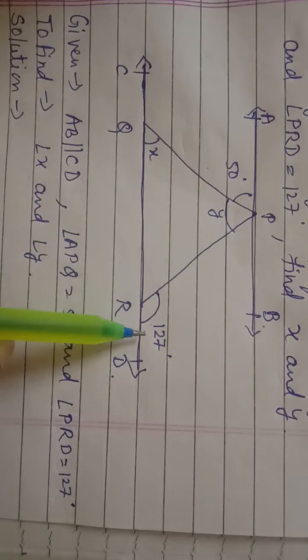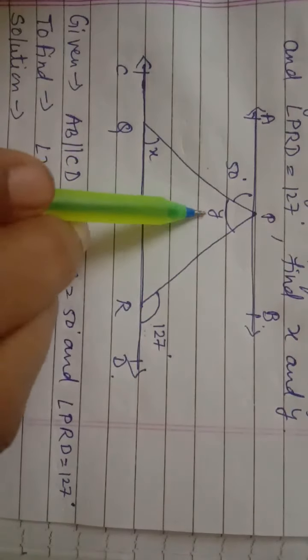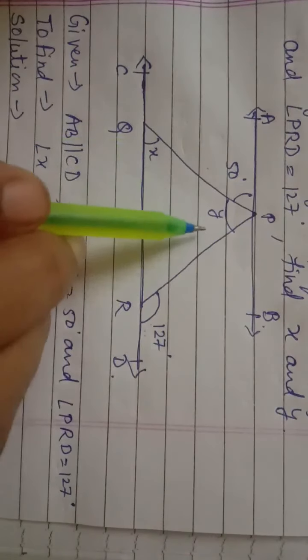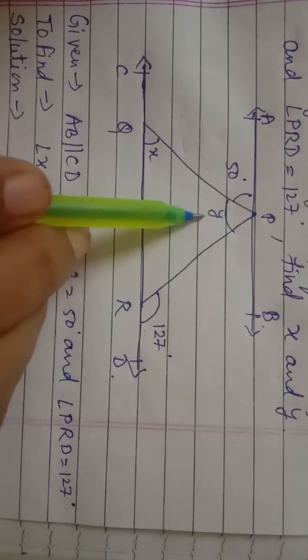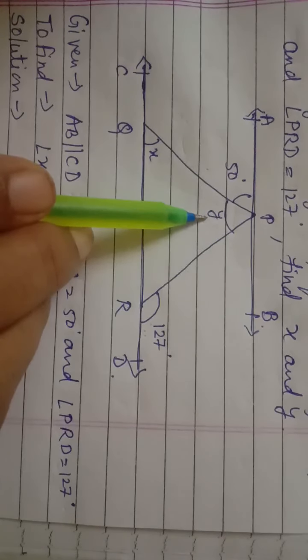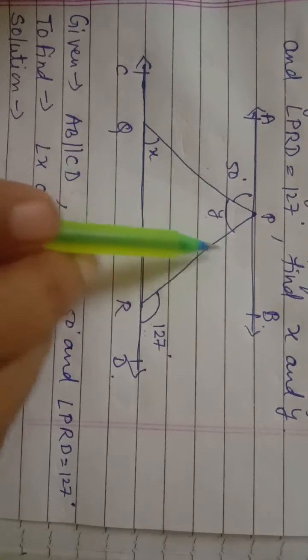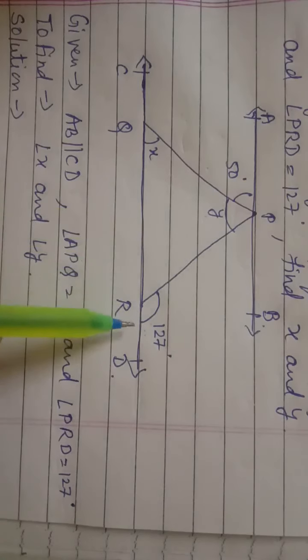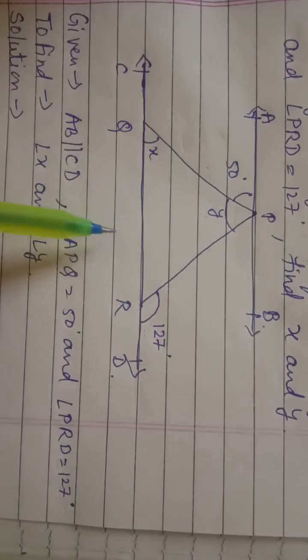You can see this exterior angle 127 is the sum of X and Y. By this also you can find X is equal to 50, so you can get the value of Y, or the other way also. It is up to you how you find the values.